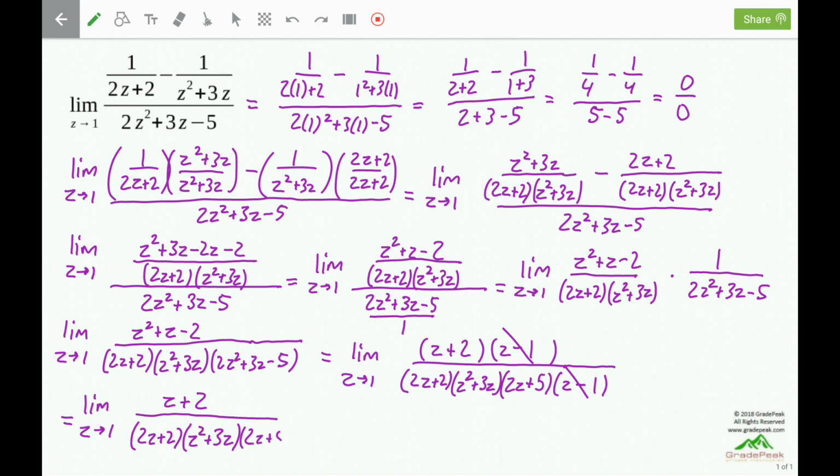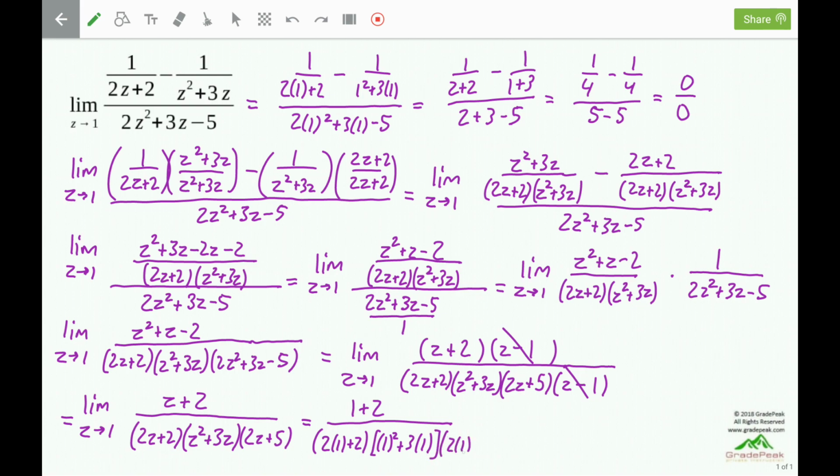So I'm rewriting everything that's left over after having canceled out the z minus 1. So now plugging in a 1 for each of the z's. In the numerator we have a 1 plus 2. In the denominator we have a 2 times 1 plus 2. We have a 1 squared plus 3 times 1.